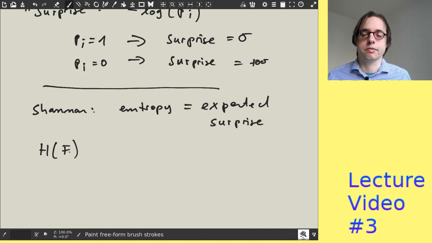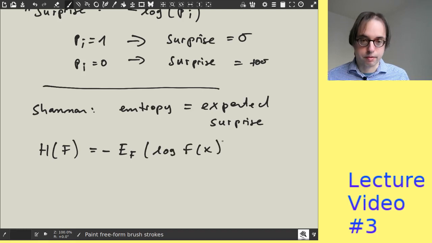So it's a function of a distribution, and that's the expectation with regard to the distribution, of course, of minus log the probability function.